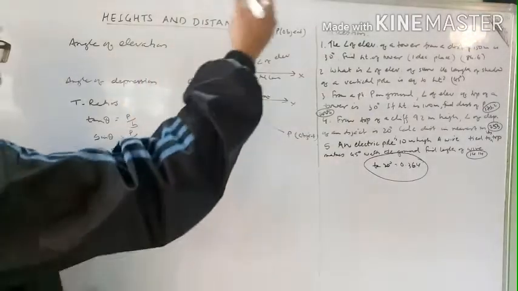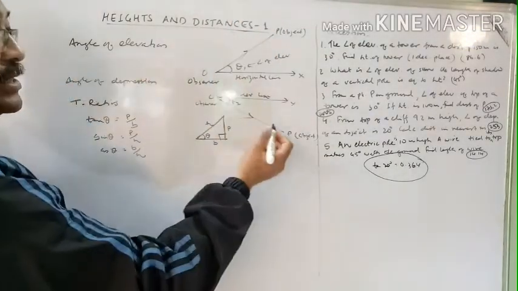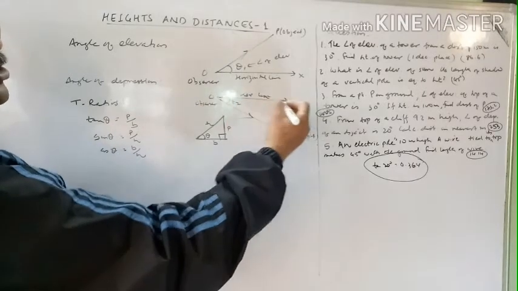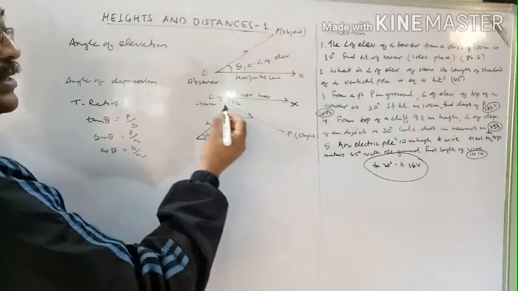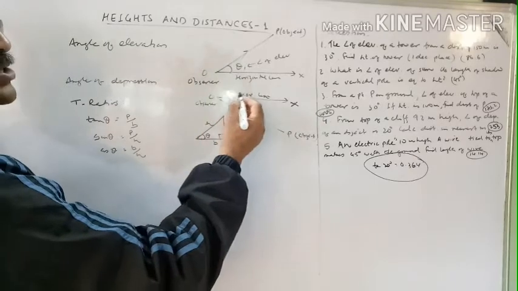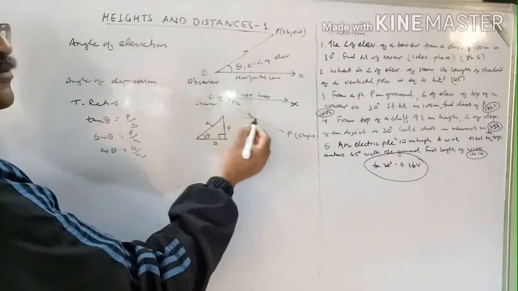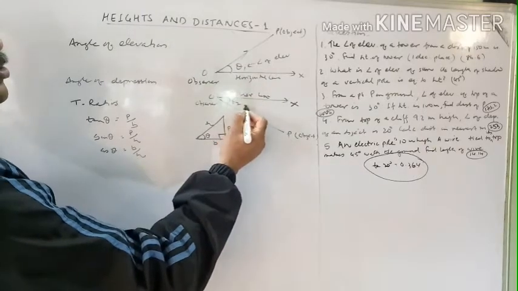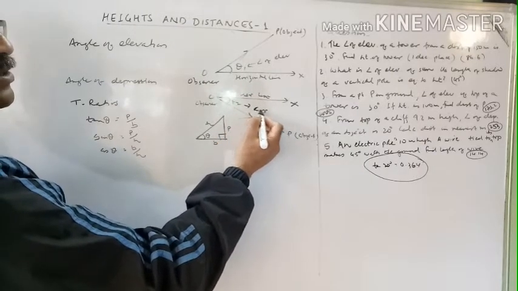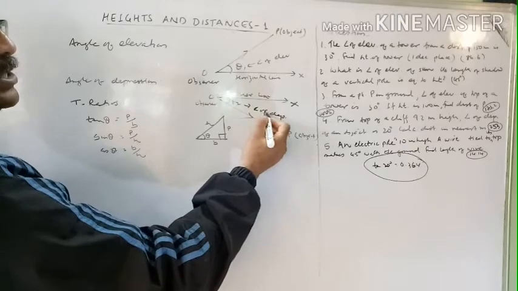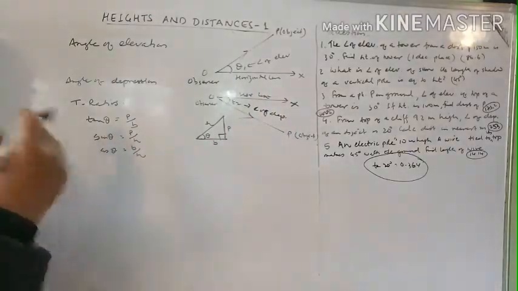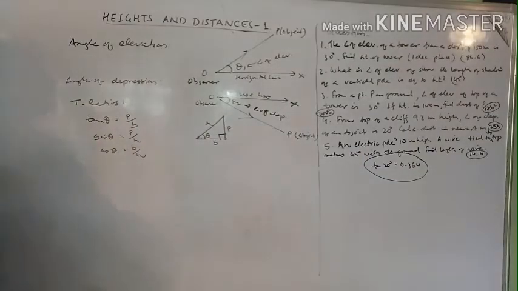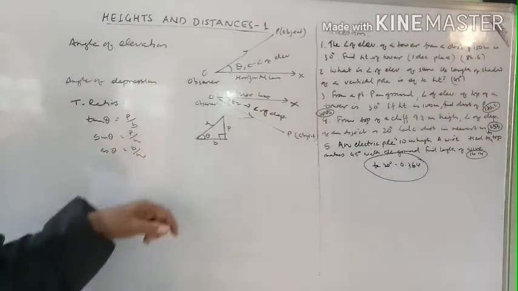If the object is down and the observer is up here, this OX is the horizontal line. The angle formed by the horizontal line and the line of observation when observed downward is called the angle of depression. So when you observe upward, it is the angle of elevation, and when you observe downward, the angle of depression.